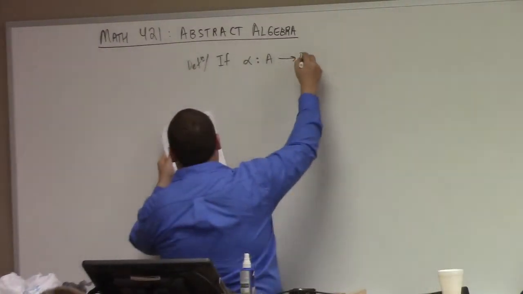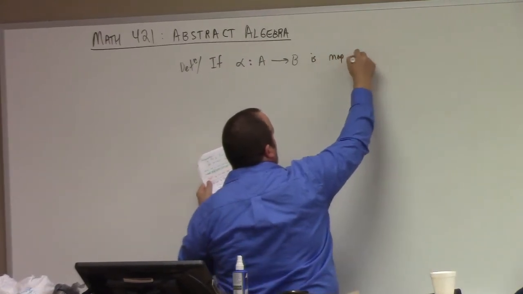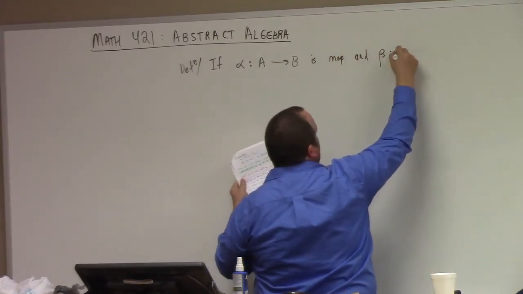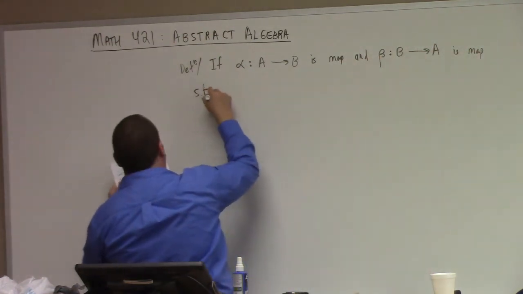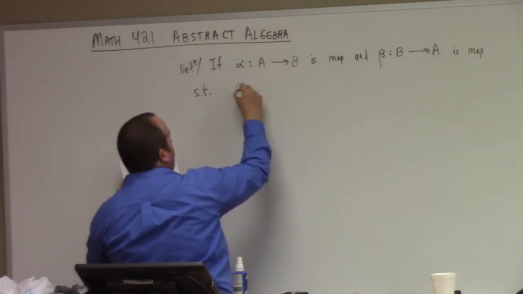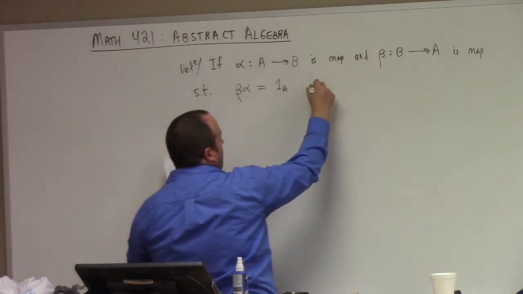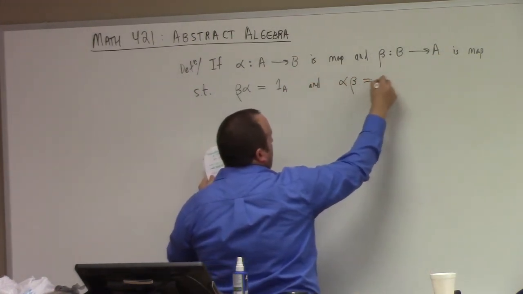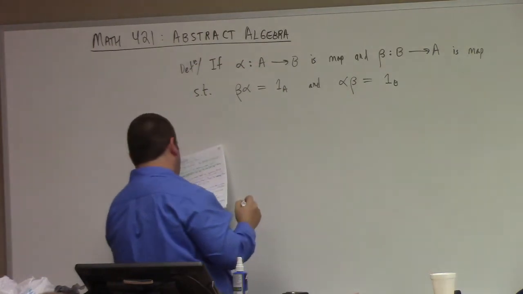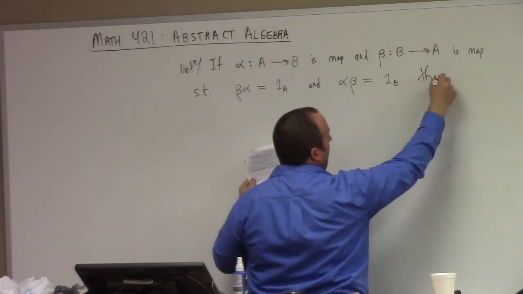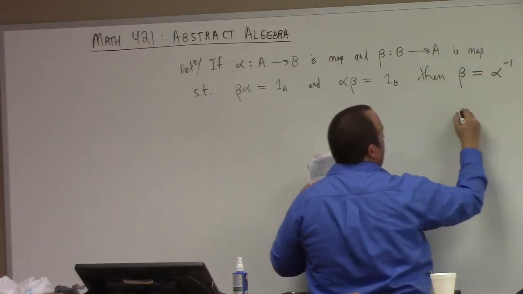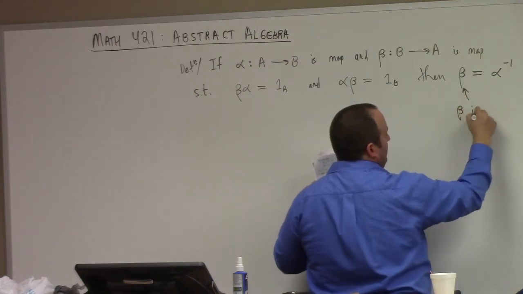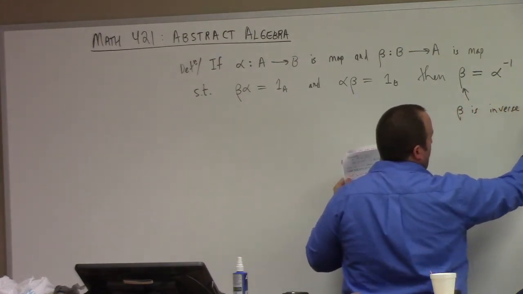If alpha from A to B is a mapping, and beta from B to A is a map such that beta alpha is 1 sub A and alpha beta is 1 sub B, then what do we say? Beta is equal to alpha inverse. In other words, beta is the inverse of alpha.